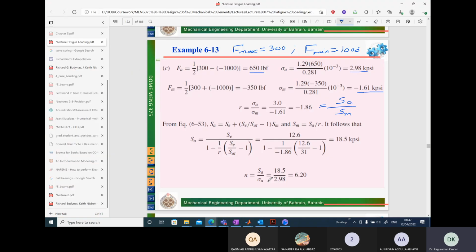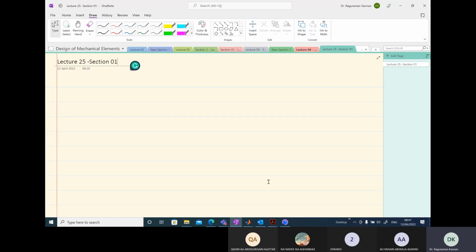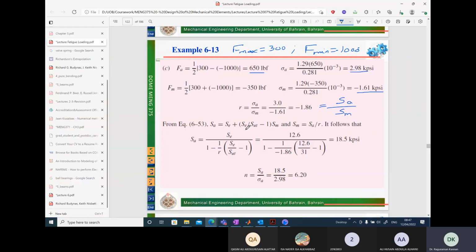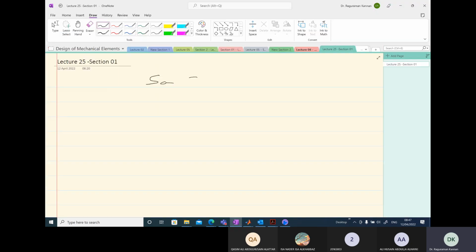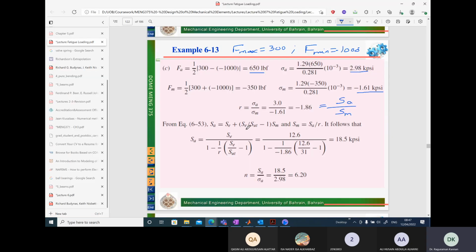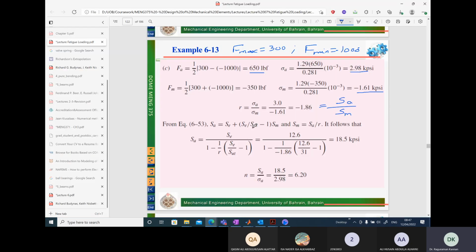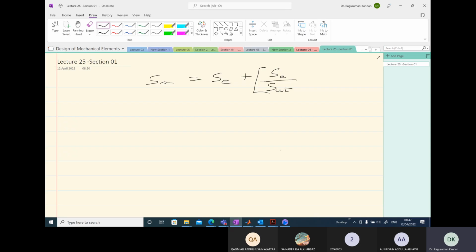So we need to solve for it. Say SA is equal to SE plus open SE over SUT minus 1 times SM.